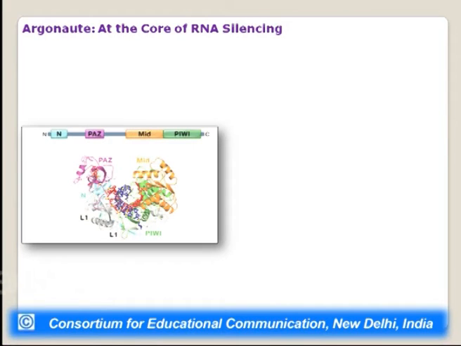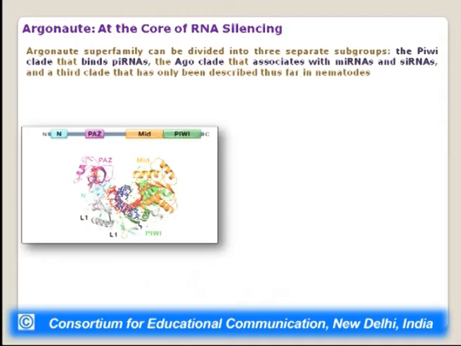Then looking at the Argonaute protein, which is at the core of RNA silencing, the Argonaute superfamily can be divided into three separate subgroups: the PIWI clade that binds the piRNAs, the Ago clade that associates with microRNAs and siRNAs, and a third clade that has only been described so far in the nematodes.